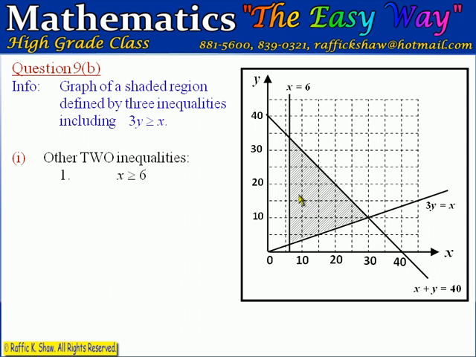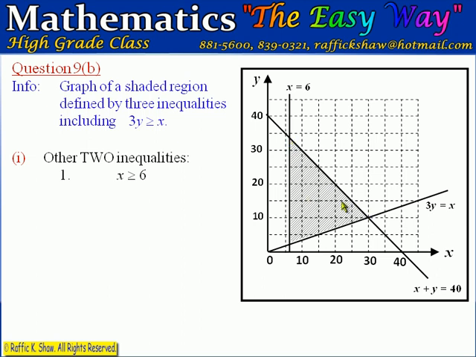So the shaded region also represents where x plus y is less than 40, because the shaded region is below the line. Regions below this line, x plus y will be less than 40. So the inequality for this region that is associated with this line must be x plus y less than or equal to 40.